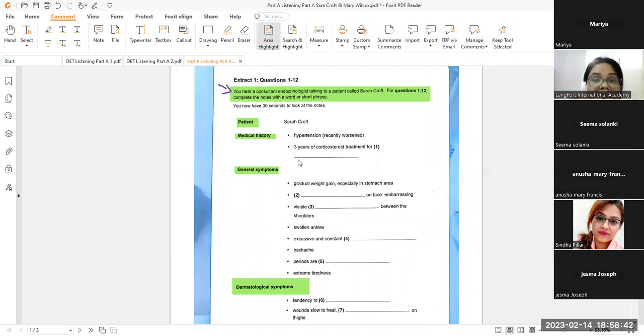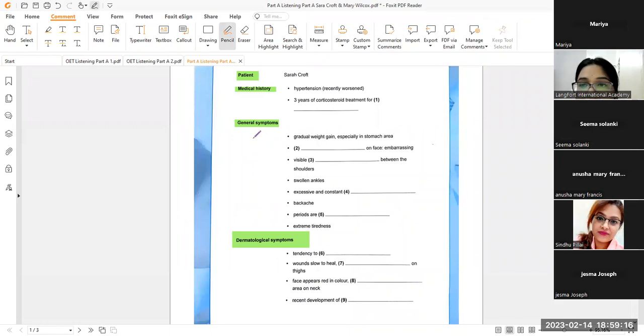In the medical history, they are discussing past medical history, such as diabetes, hypertension, or any other past surgery, medications, something like that. Okay, all these things are correct. So past medical history, any conditions the patient has, what medication the patient is on, how long the patient has had these problems, and whether the patient has undergone any specific surgeries. So we have not listened to the audio, but from the first heading, it's clear that it starts with the patient's name, then it moves on to medical history.